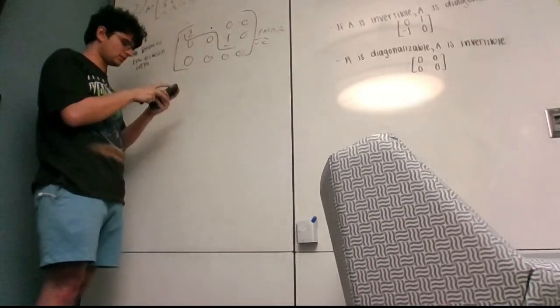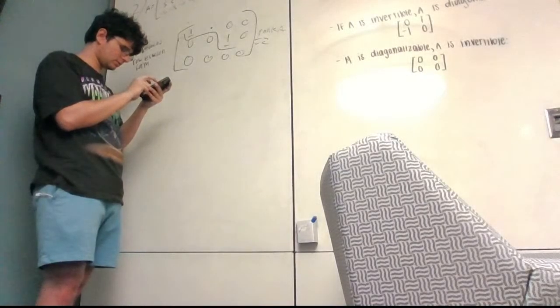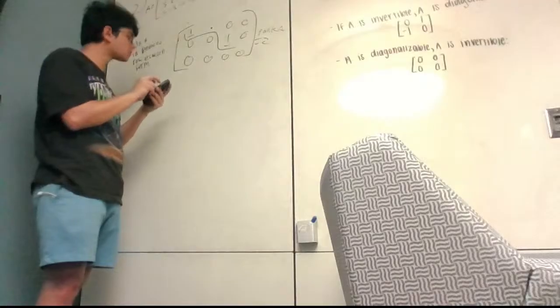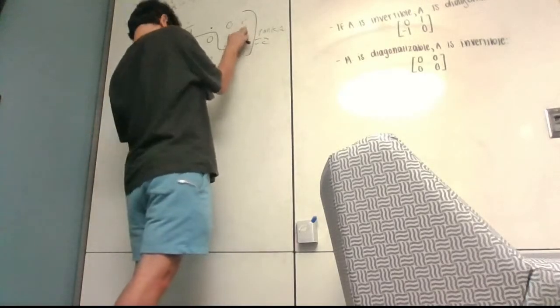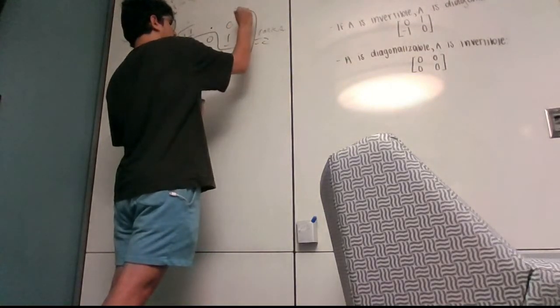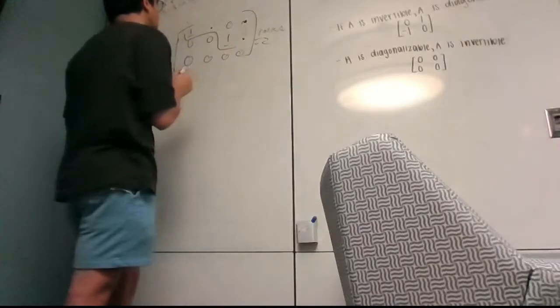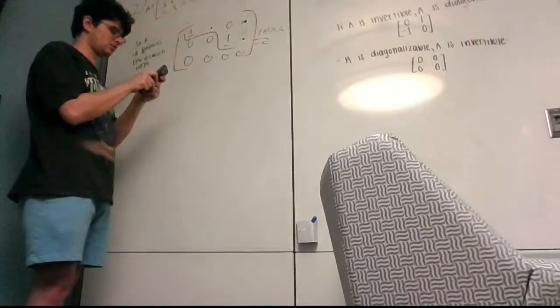Right. Also, this is a solution. Wait, hold up. After this, there would be pivots every other row, right? For that thing. Yeah, I swear there's not a pattern to this.